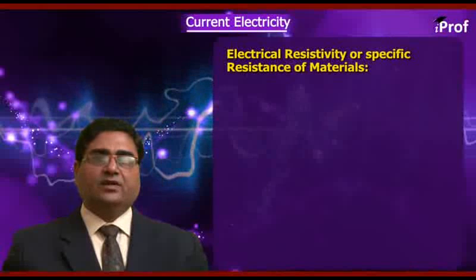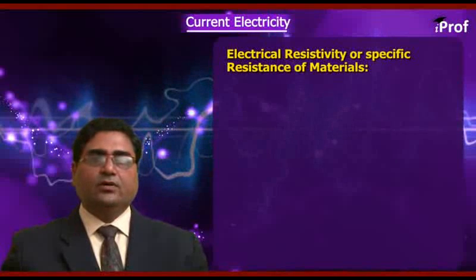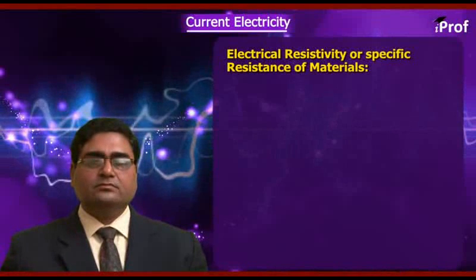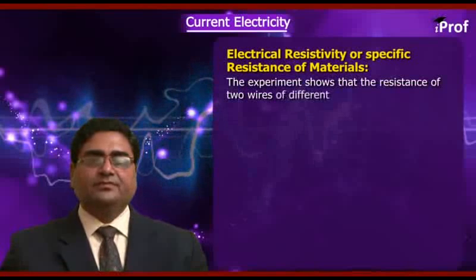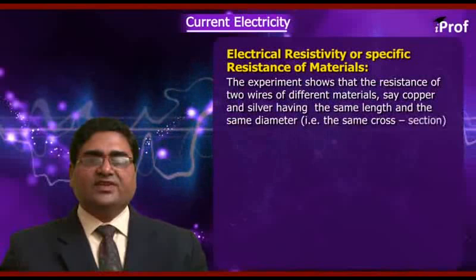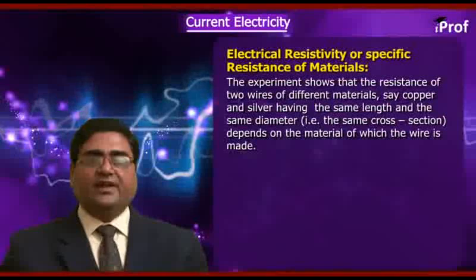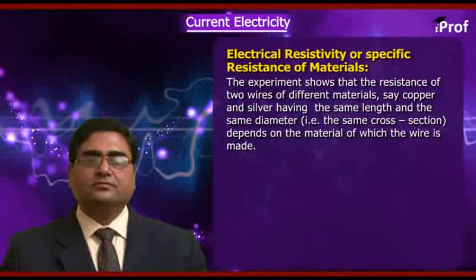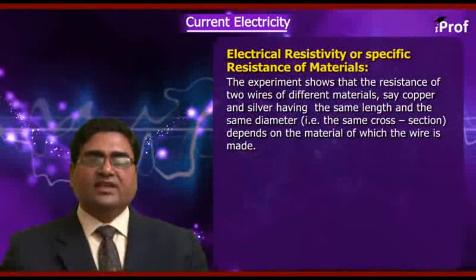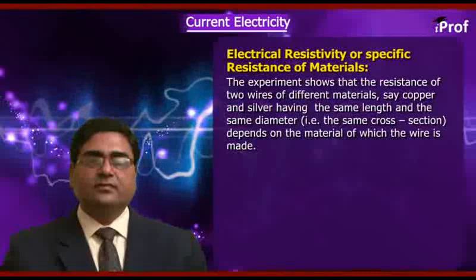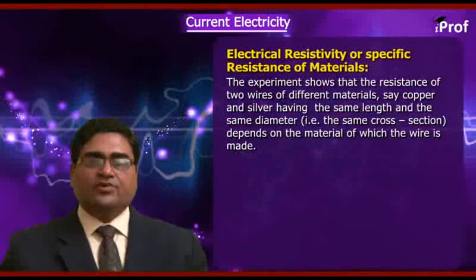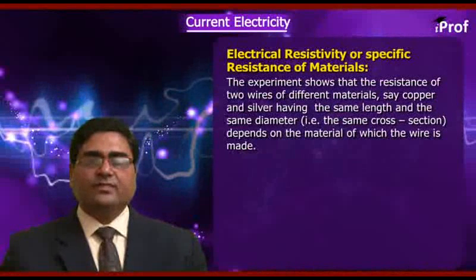Now let's see the electrical resistivity or specific resistance of materials. The experiment shows that the resistance of two wires of different materials having the same length and the same diameter, that is, the same cross section, depends on the material of which the wire is made.